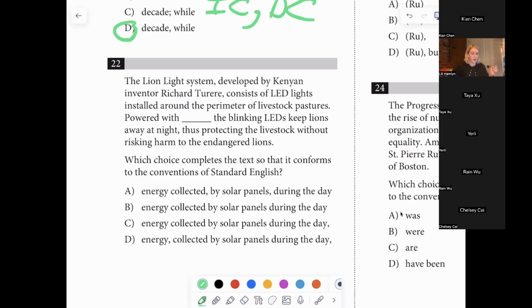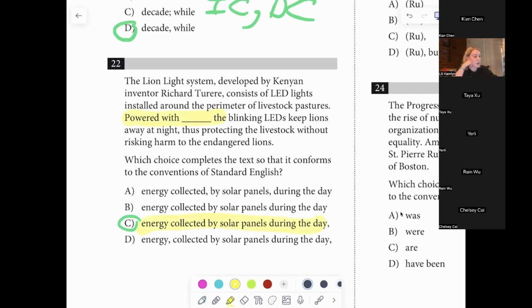Okay. Mostly right. So what's happening here? The answer in this case is C. This is actually a modifying clause. But powered with energy collected by solar panels during the day, we don't need any punctuation there.